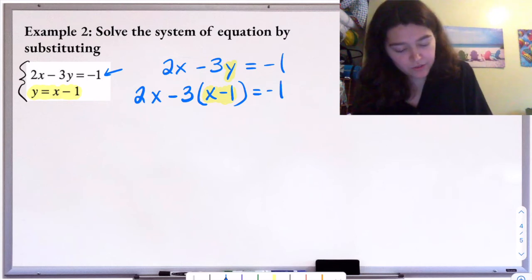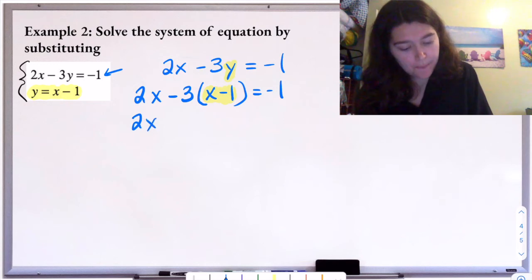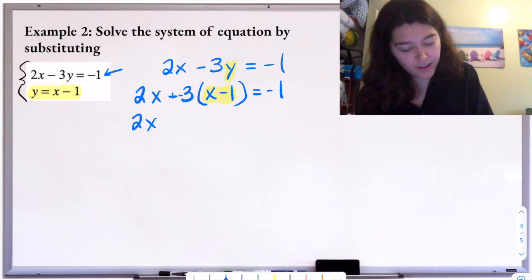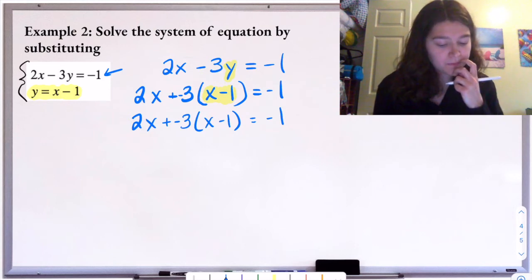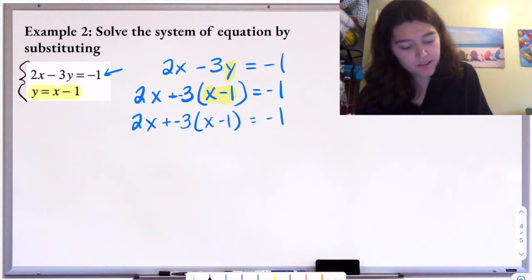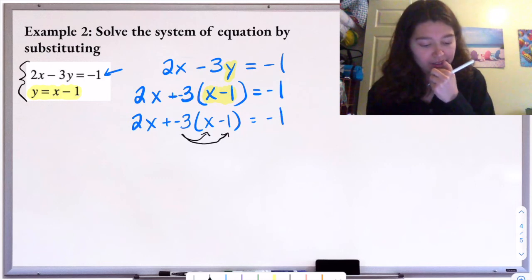Okay, I have 2x minus 3, so we don't make any errors, we're going to turn this into adding a negative 3 times (x minus 1) equals negative 1. I'm going to need to distribute because I have the parentheses. Negative 3 goes to x. Negative 3 times negative 1.